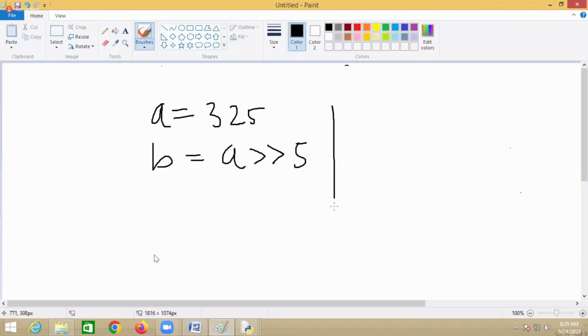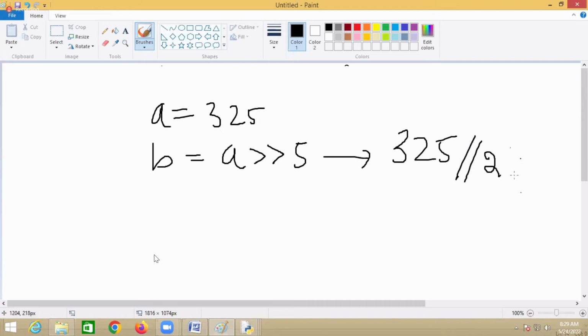So how do you calculate the value of b? The value of b is 325 floor divided by 2 to the power of 5.